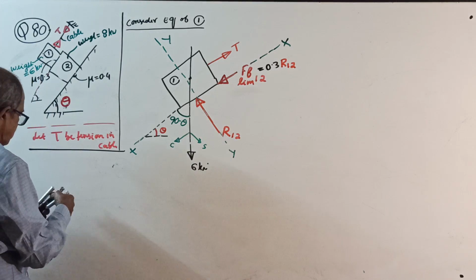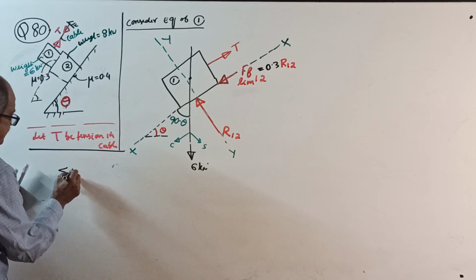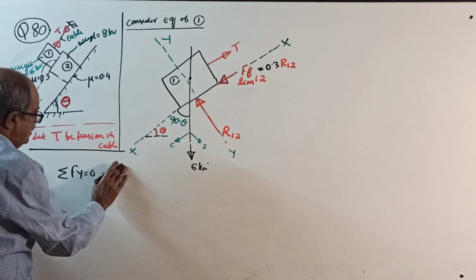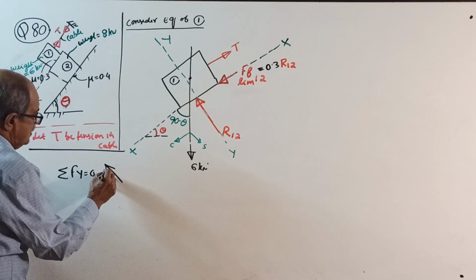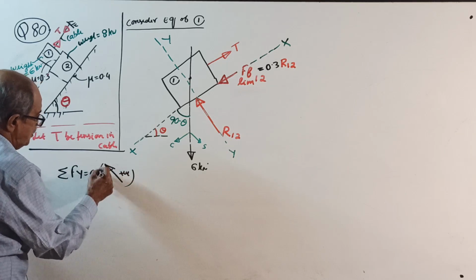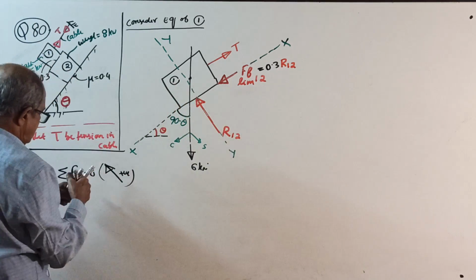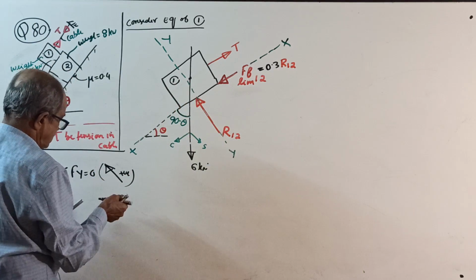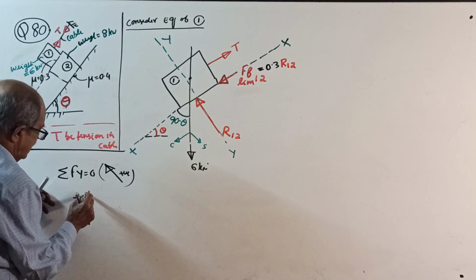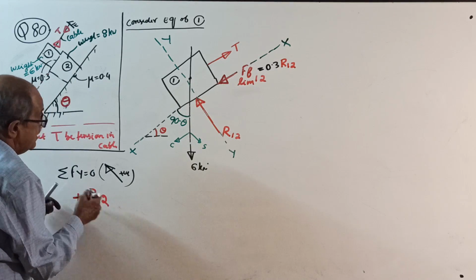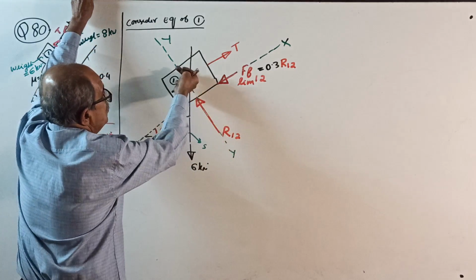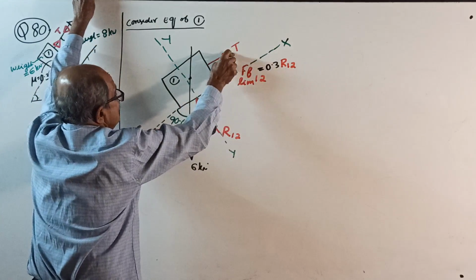I'll start from here. Sigma Fy equals 0, take upward positive. Last I'll give you an interesting question for you. Fy positive, what do you get? Plus R12, this is not there, this is not there.